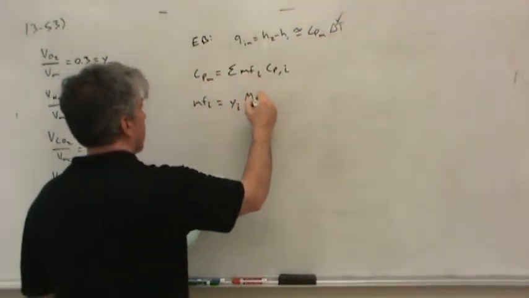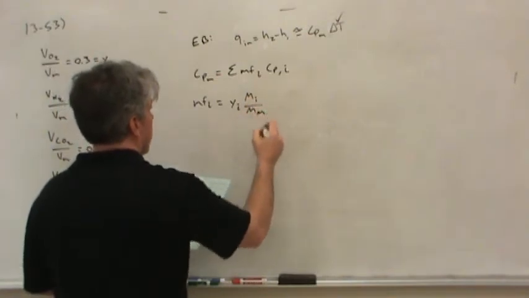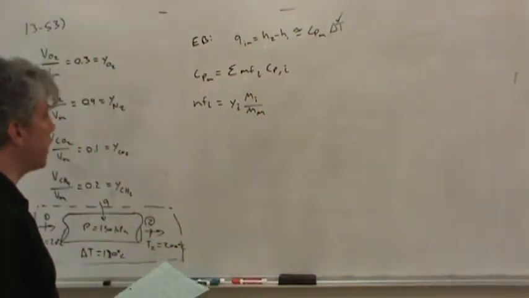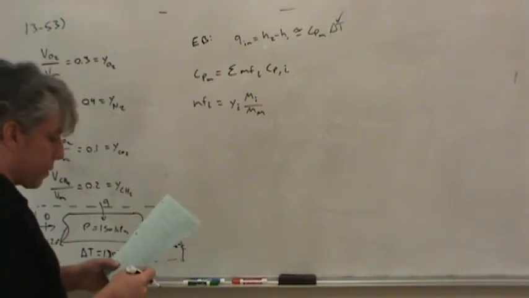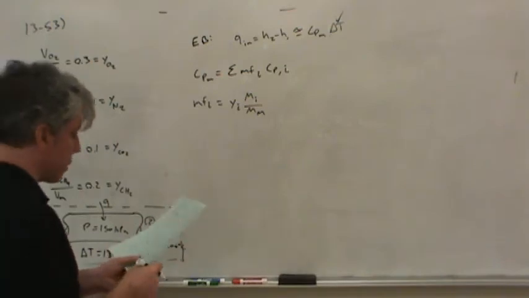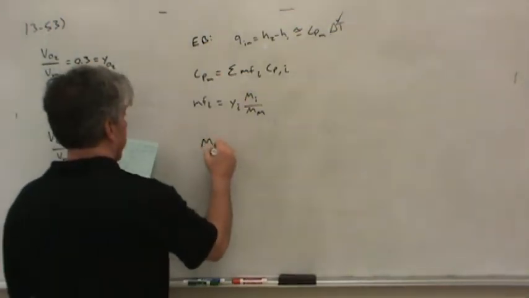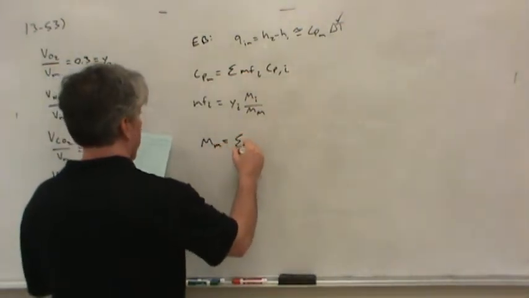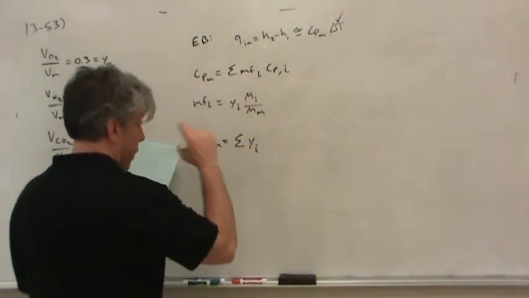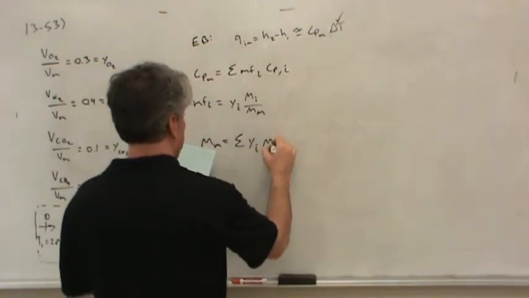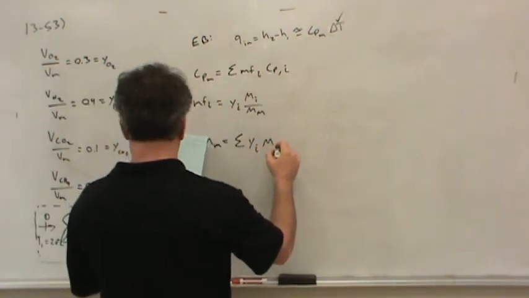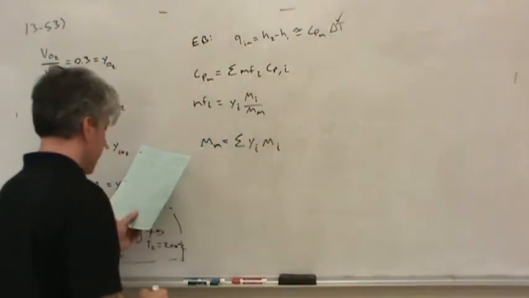It is as follows. I just need the molecular weight of the mixture. Don't have that either, so how could I get it? Well, fortunately, the molecular weight of the mixture is pretty straightforward. All I need is all of the mole fractions times the molecular weight, or the molar mass, of each species.